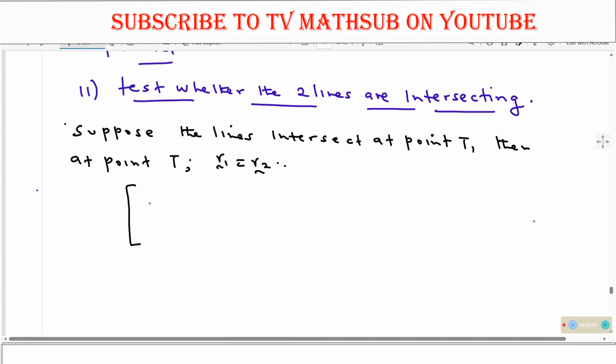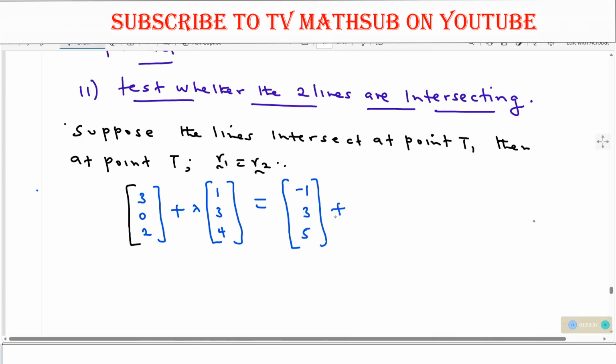It will be 3 0 2 plus lambda into 1 3 4, which is equal to negative 1 3 5 plus mu into 2 1 1.